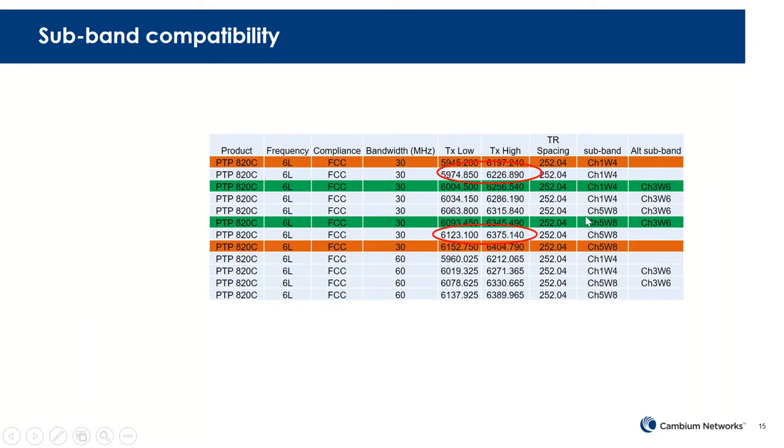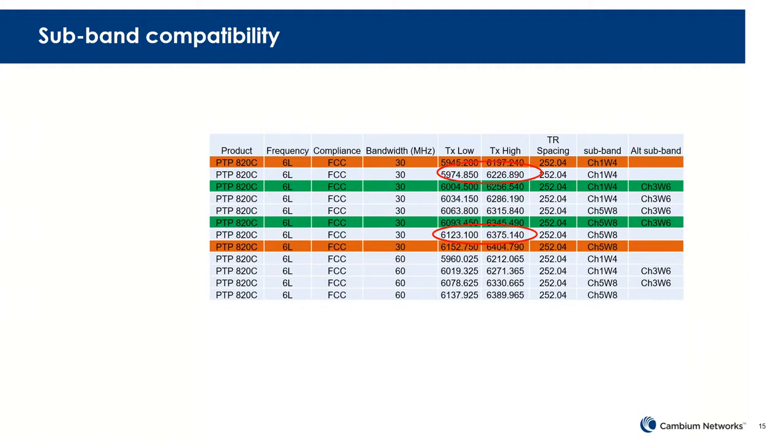CH3W6, and channel 5 and channel 3 can also work together. Or otherwise, you choose channel 1, channel 2, they will work together. So the point is that you need to make sure that the radios are operating in the same subband. Okay, it's very important.